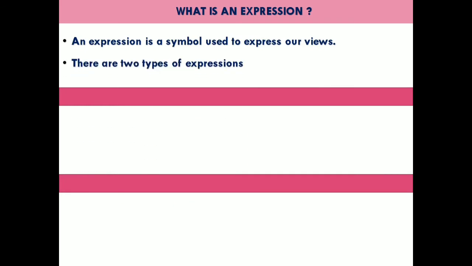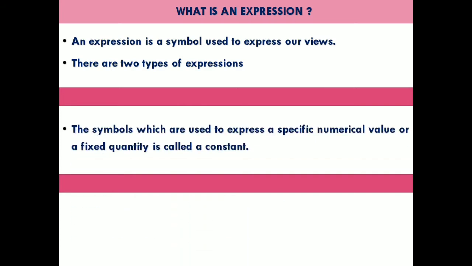There are two types of expressions. Here in mathematics, whenever we are using one specific value or one constant numerical value, a fixed quantity, those symbols are called constants. Just like 0, 4, 6, or all those numbers.